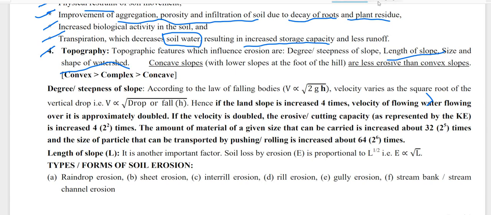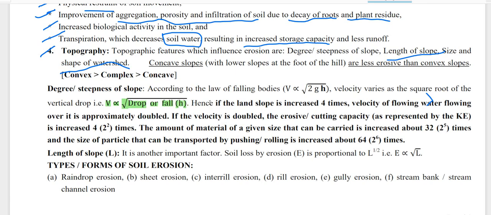Now see, degree or steepness of the slope. Degree or steepness means how much is the height, so it will be the height of the drop. The falling velocity is directly proportional to the square root of the fall. We already know this.